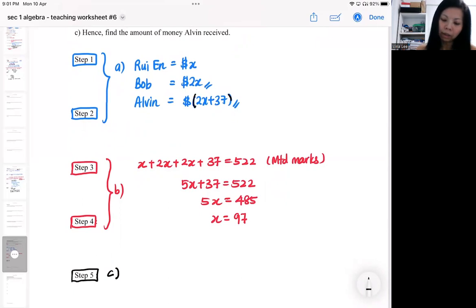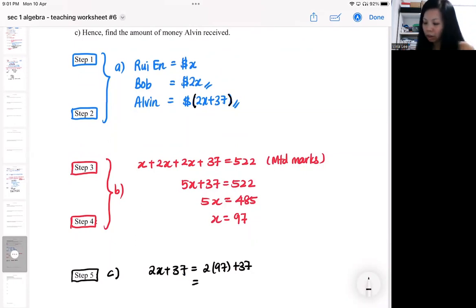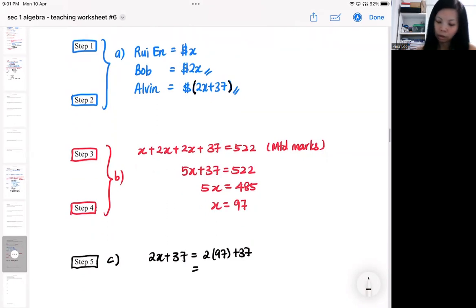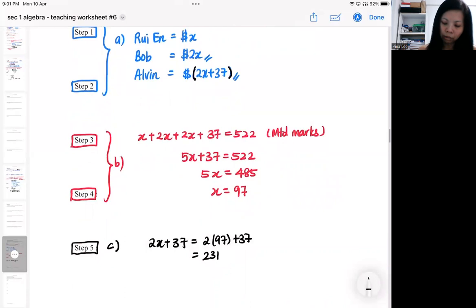So that will be 2x plus 37, which is equal to 2 times 97 plus 37. So the question wants the amount that Alvin received. So 231. So answer the question: Alvin received $231.